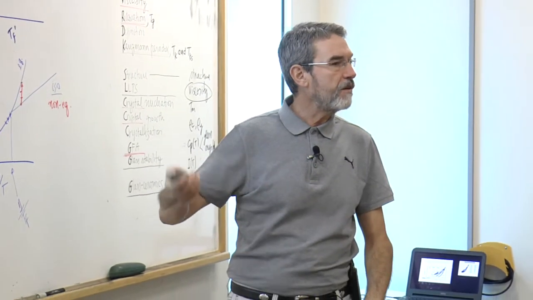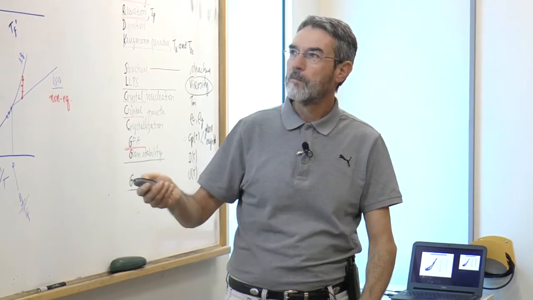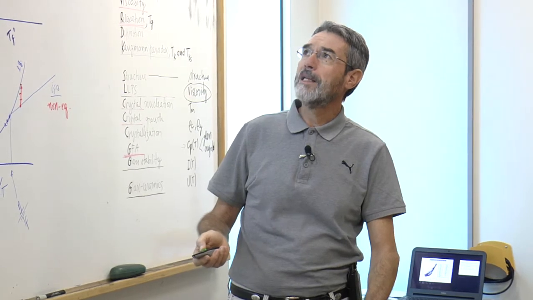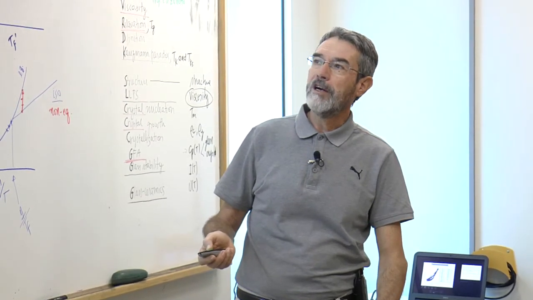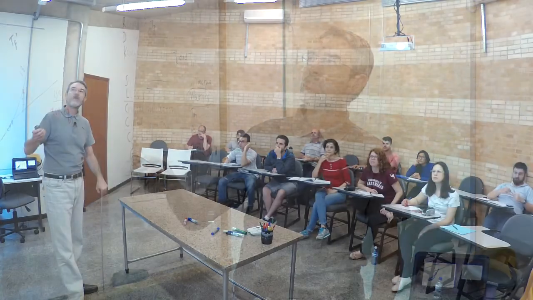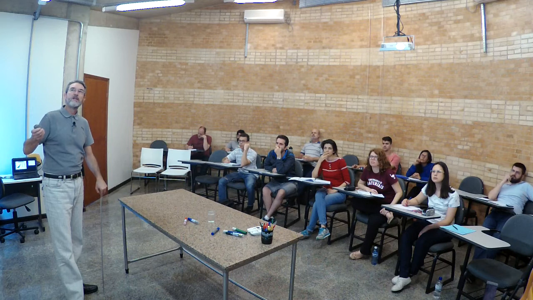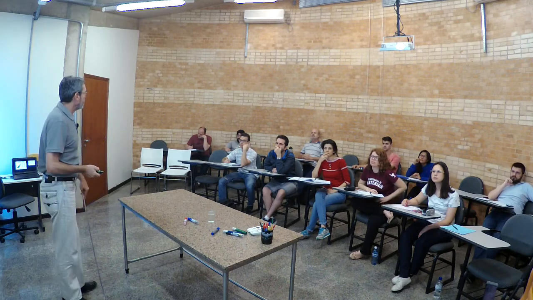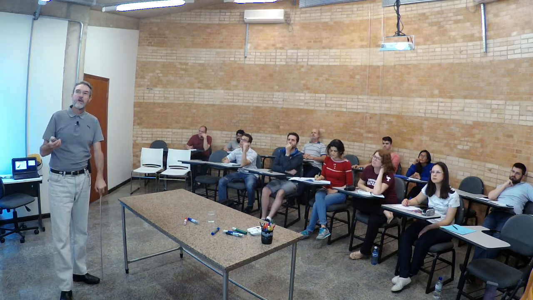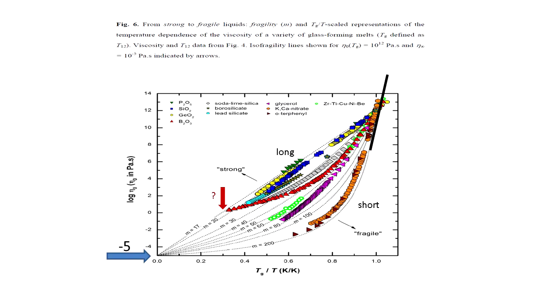There's a lot of information I'm passing to you. This is my postdoc Daniel Casar did very nicely for a series of glasses, like GeO2 glasses, very strong. Anything below 25 or so is very, very strong. And the weakest or most fragile glass that we have tested is strontium borate, fragility of 90.